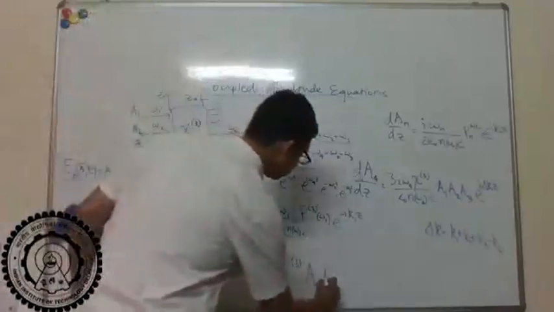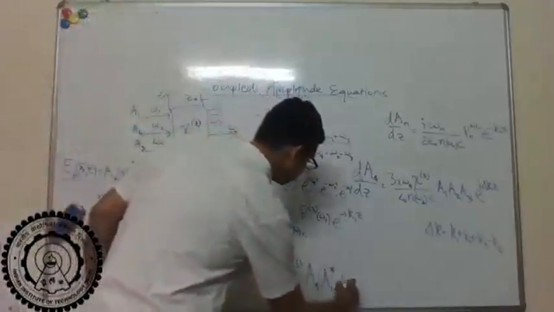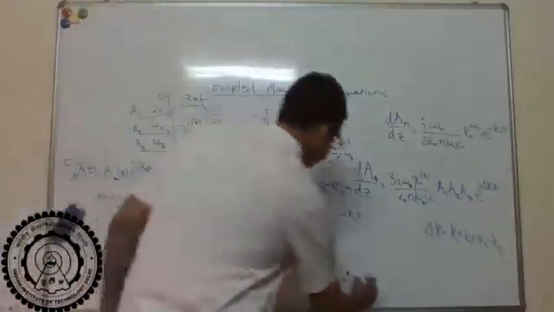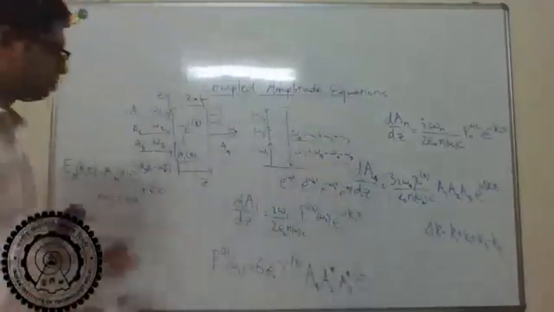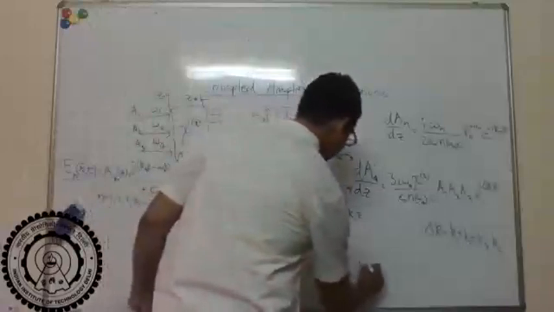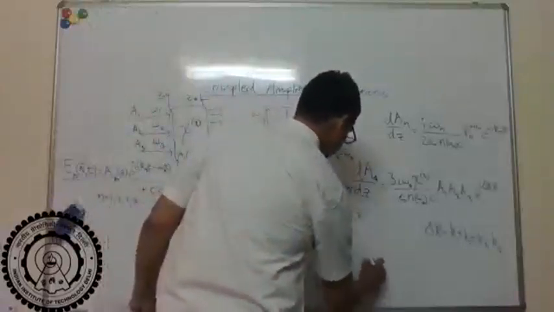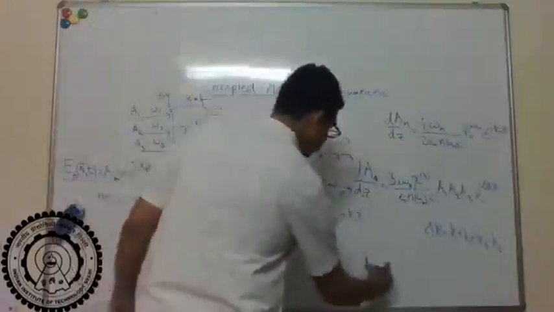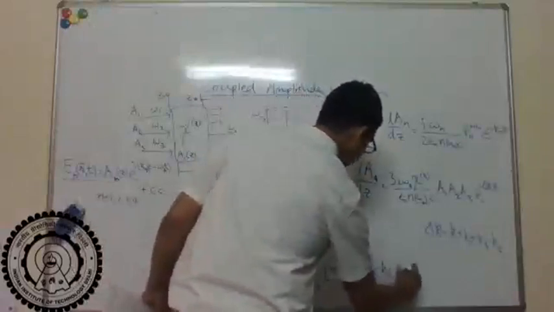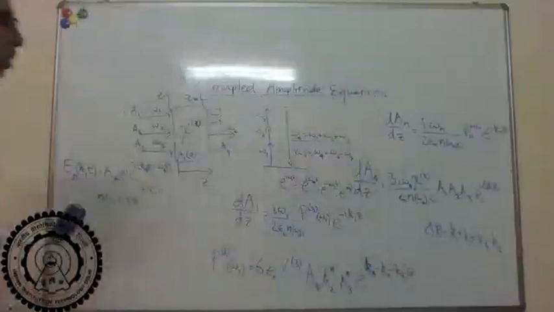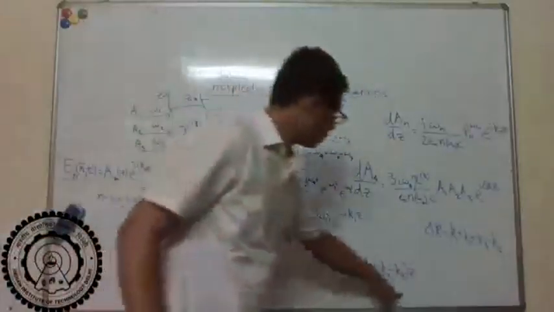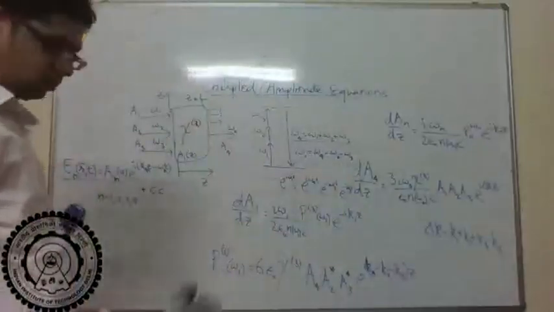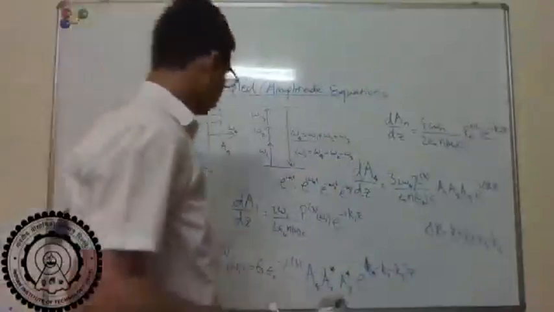So they will have conjugates: A2 conjugate, A3 conjugate, and then I'll have corresponding phases with them. So for A4, I have e to the i k4 z. And for these two, I have a conjugate, so I have minus k2 minus k3 times z. So is that clear? How I wrote that? Yes, sir. Okay.